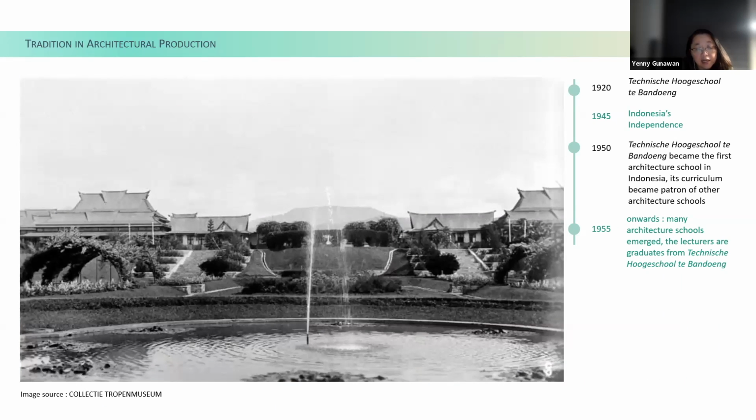The gap is enhanced by the history of Indonesia's architecture education, which began before its independence, back in the 1920s. The first school was established by the Dutch with curriculum adapted from Netherlands School of Architecture. This curriculum became the patron of many schools of architecture in Indonesia until now.